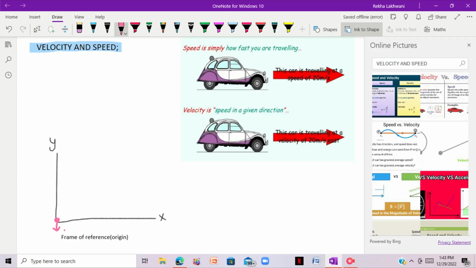Now it has covered some distance, or you can say some displacement, towards this direction.